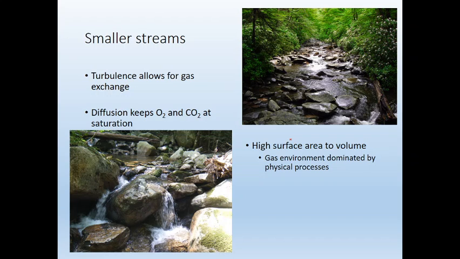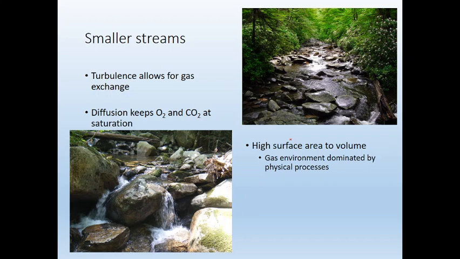In smaller streams, though, what we see is that smaller streams basically have less volume compared to the surface area, right? There's a lot of surface area in a stream. So in a turbulent flowing river, gas gets in there very easily, and gas also gets out.